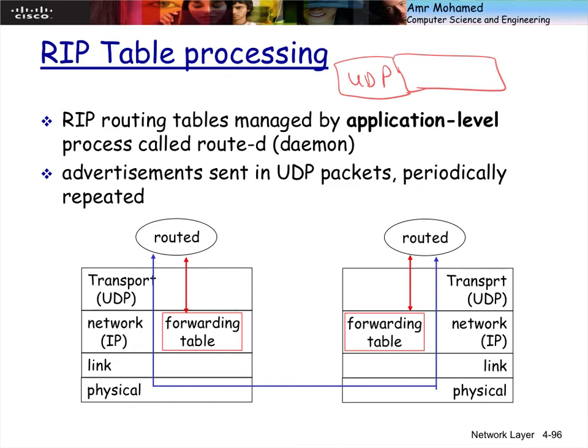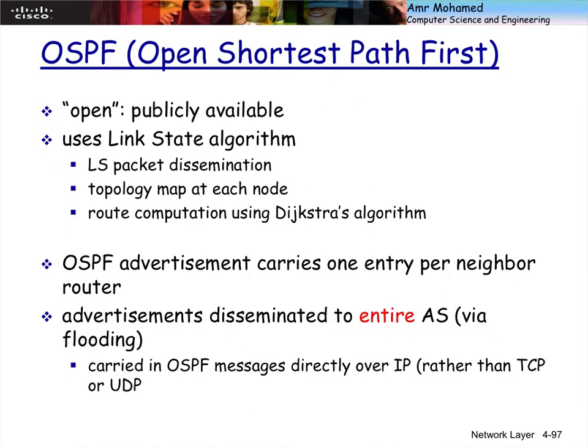But interior routing protocols never use TCP because they may support multicast to send route updates. Is that part clear? So the advertisement through UDP is sent periodically, and UDP means no reliability. Okay.